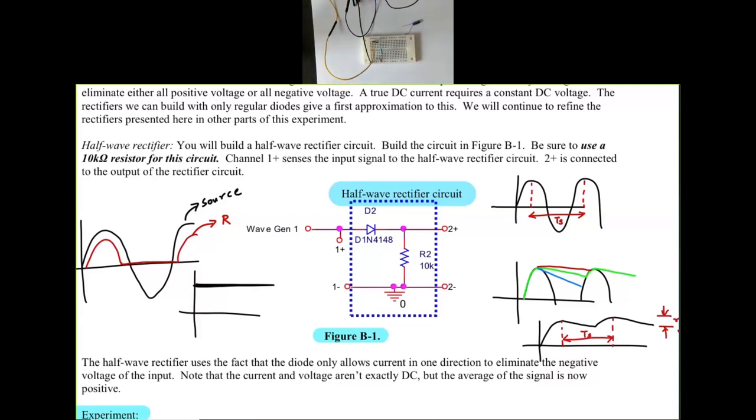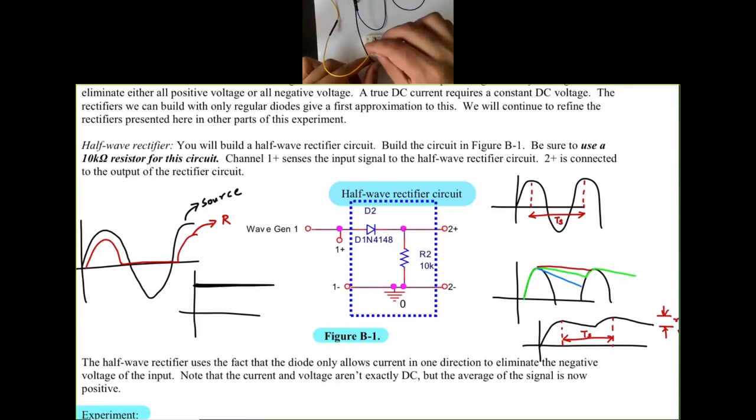Then I need two channels. Both the scope 1 negative and scope 2 negative need to be connected to ground. I have done that externally, so I've connected blue stripe to black and orange stripe to black outside of my proto board. I'm not going to have too many wires here.